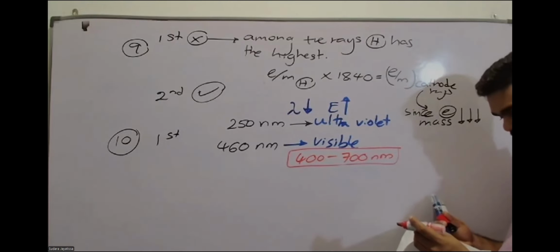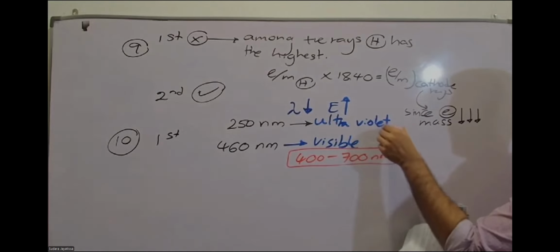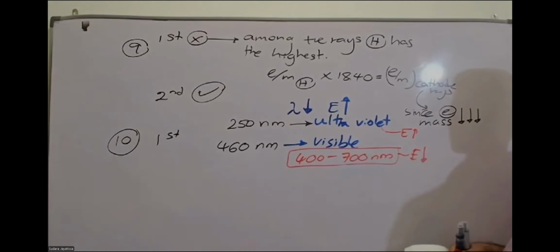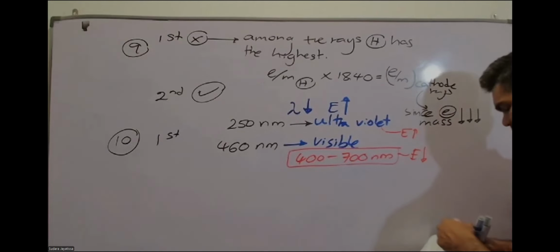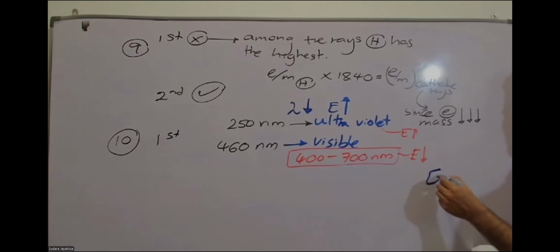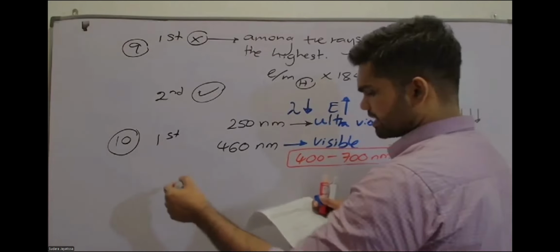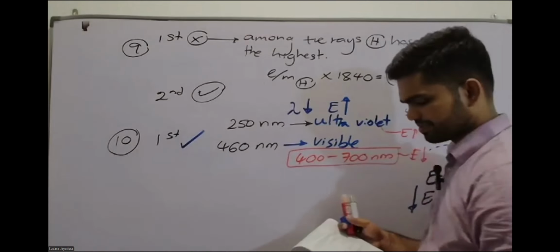So what do you think? This one has a high energy. This one has a low energy. Visible, can understand, right? Or you can just relate that with the formula E equals h nu, or E equals hc over lambda. When lambda is higher, energy is lower. So the first statement is actually correct.